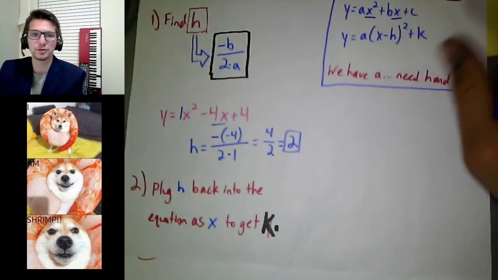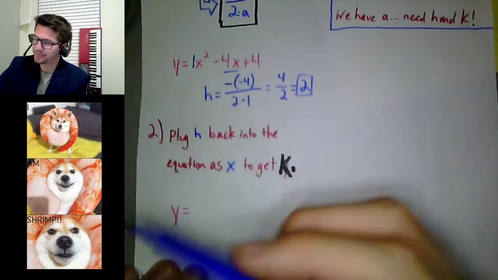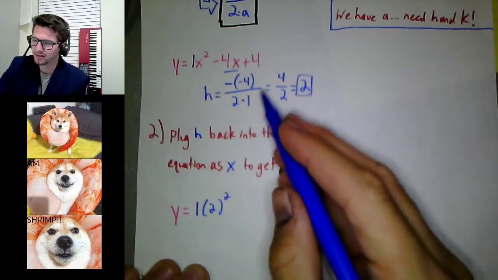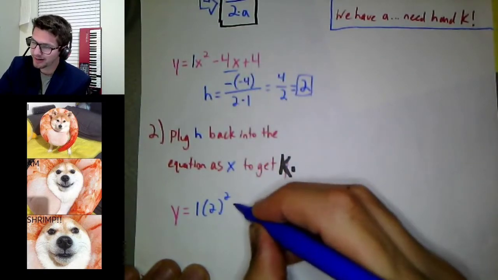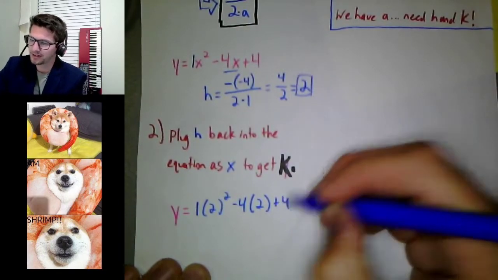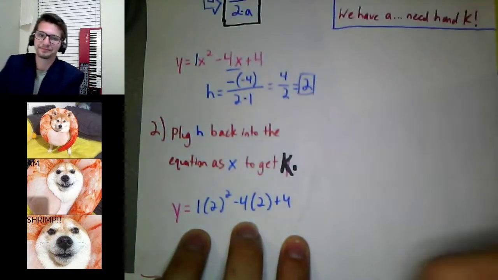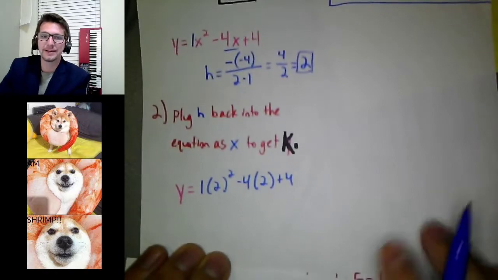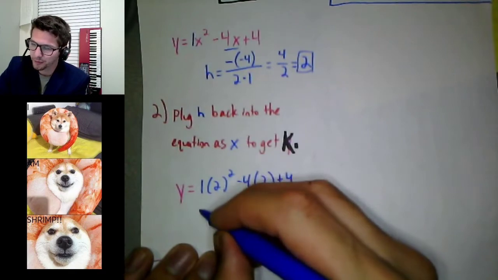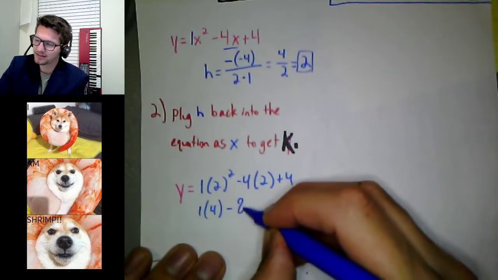So I take my 2 and plug it into this equation as my x: 1 times 2 squared, minus 4 times 2, plus 4. I just rewrote the same equation, but I replaced my x's with 2's. Then this should give me k. So 2 squared is 4, so that's 1 times 4, minus, what's 4 times 2? 8, plus 4.